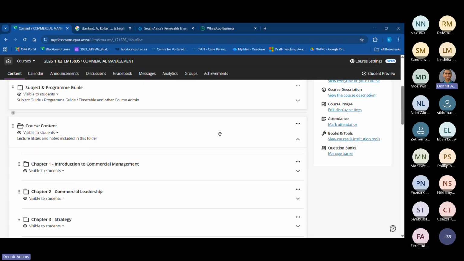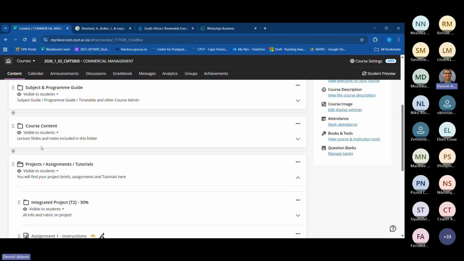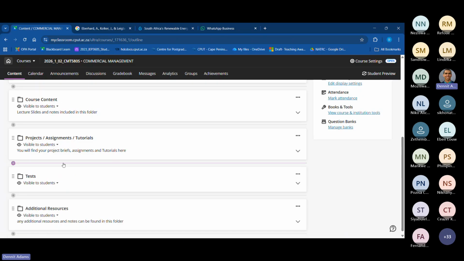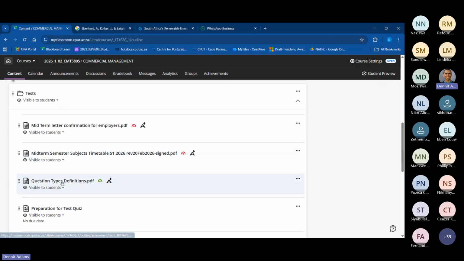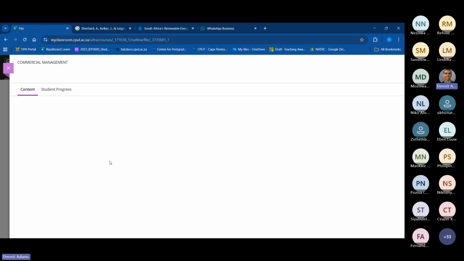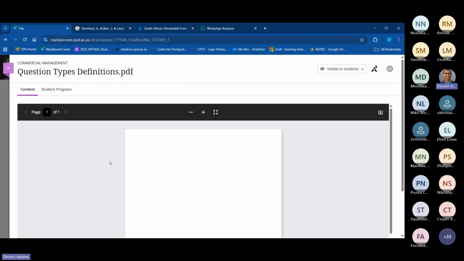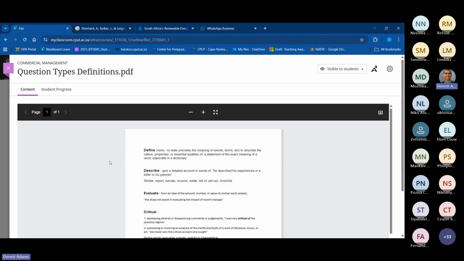Under tests, so not projects, but tests, you will see that I have placed for you question types definitions. So it's just a little guide for you as a student to understand what I'm explicitly asking for.